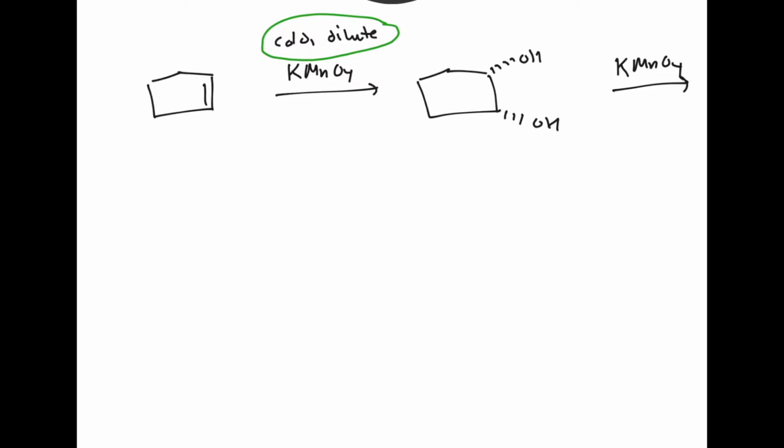You're going to break the carbon-carbon single bond, oxidize those oxygens to two carboxylic acids. We're going to break this bond. We're going to oxidize it to the two carboxylic acids.